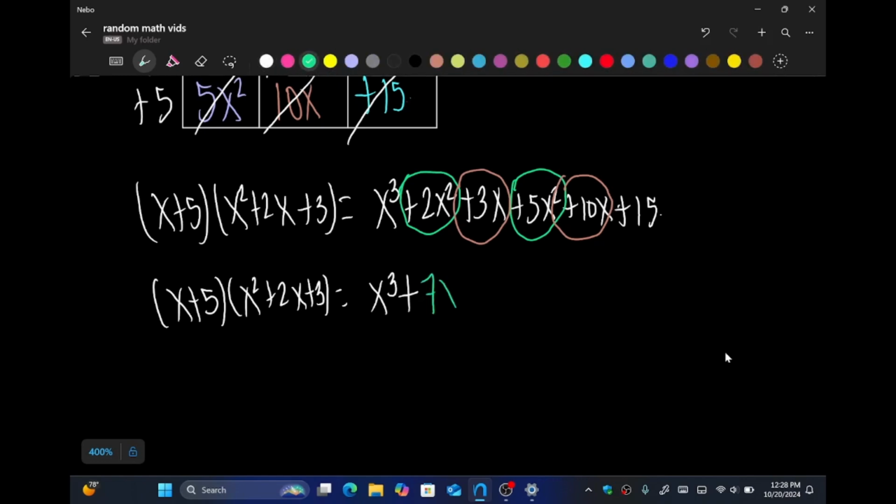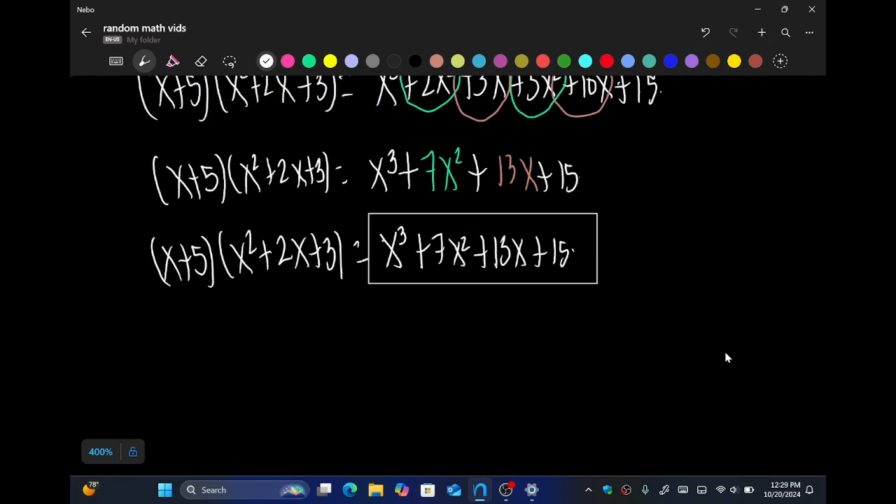You want to make sure, guys, to do it in descending exponents, so don't forget to do that. And then plus 3x plus 10x is 13x. And then plus 15. So again, let me just write down the final answer. Okay, guys, so that would be our final answer to this one.